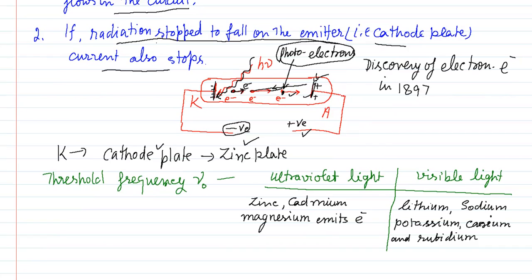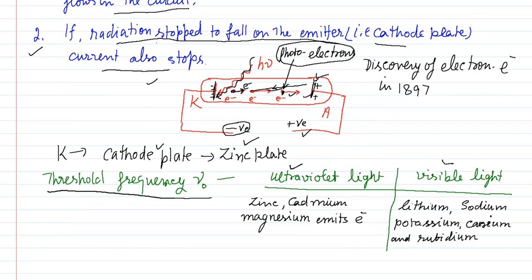Number 2: when radiation stops, the current also stops; when radiation falls, the current starts to flow in the circuit. Now there is a threshold value of the frequency at which the electron is emitted from the material surface, and it is different for different materials. If you consider ultraviolet light and visible light, these two lights are different.